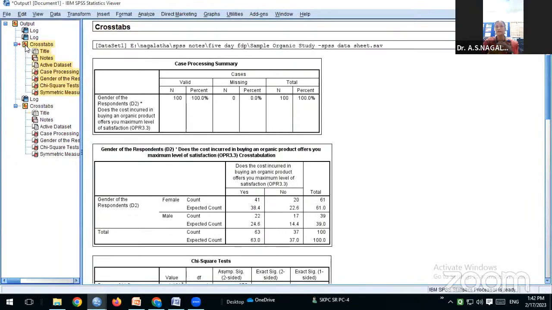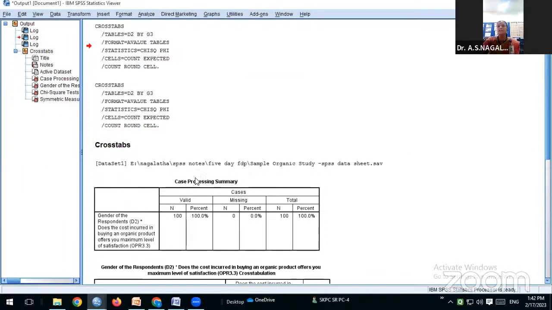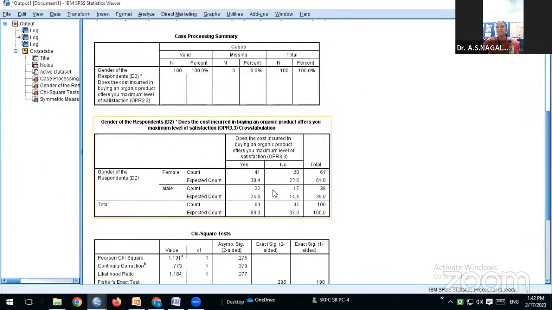So now we're going to get the test. Here I have taken the test. The gender of respondents is D2, and the other is: does the cost incurred in buying an organic product offer you the maximum level of satisfaction, yes or no? So these are the two variables that we have taken to check.